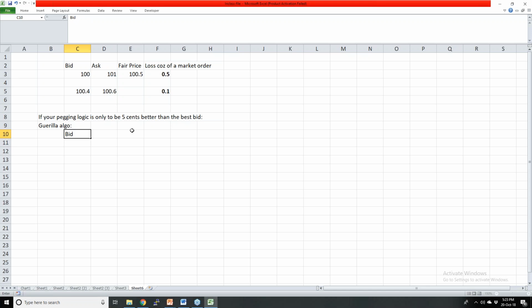So if the bid and ask is, say, this, and this is just an example, right? If this was the bid and the ask, you fire an order at 100.05, right? So what these guerrilla algos will do is fire an order at, say, 100.2, and then you will fire, and if you don't have any built-in logic, you will fire at 100.25, and it will just aggress you.